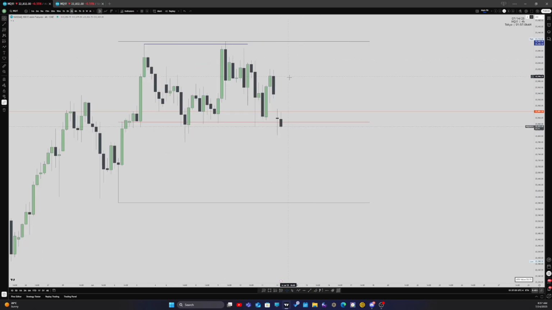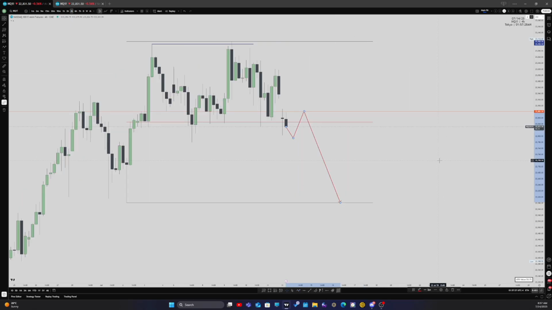So ideally, I would want to see price come back into this gap, test this level, something like this, and go down. That's what I would want to see: price coming back into the gap, failing to fill the gap and going down.